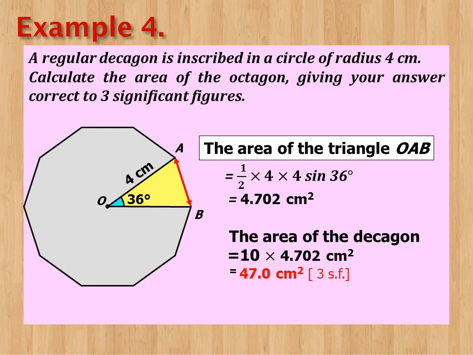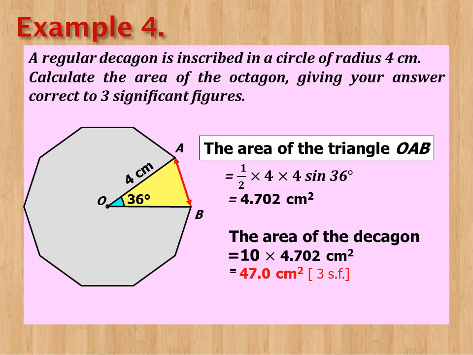And here we can easily get the area of triangle OAB, which will be given by half ab sine theta, which in this case is a half times 4 times 4 times sine 36, and that gives you 4.702 centimeters squared.